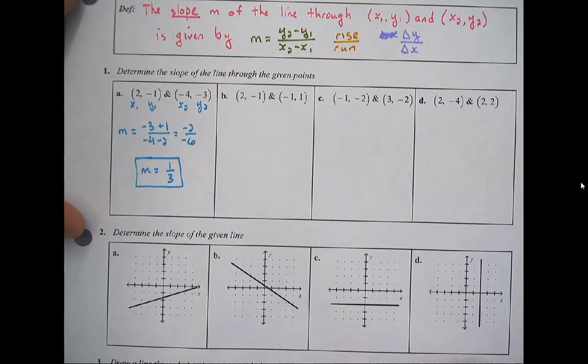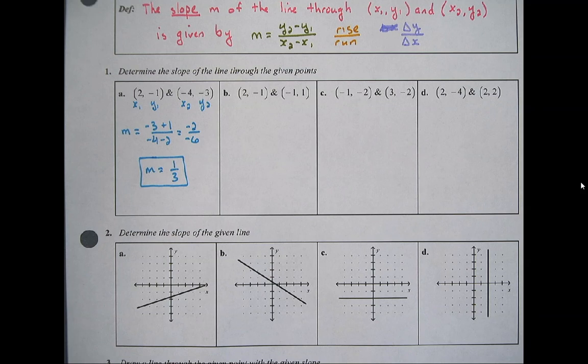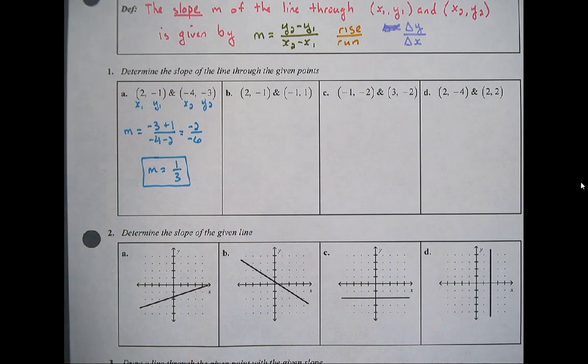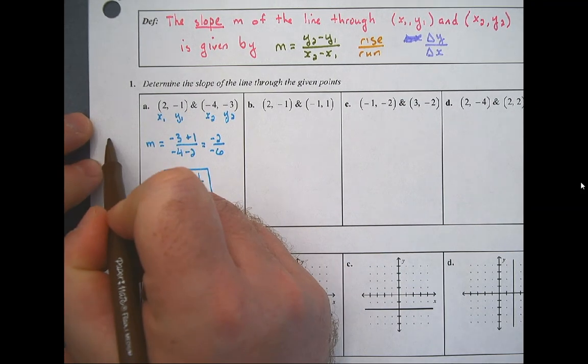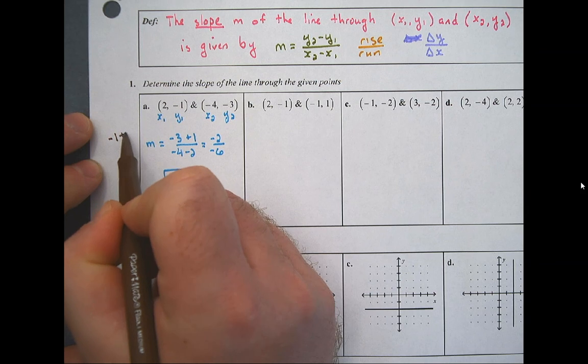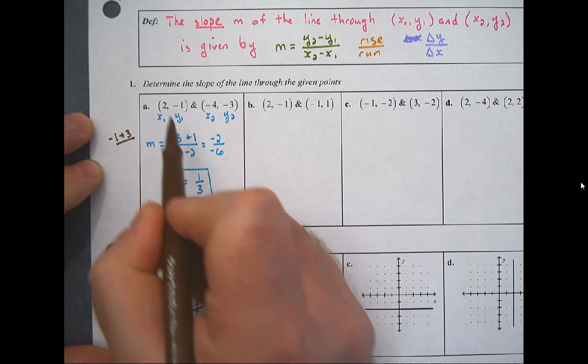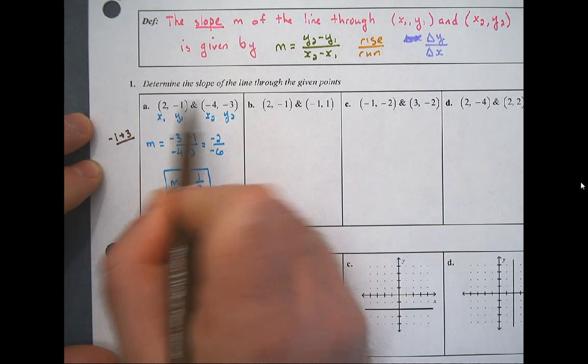Now, just to show you that it doesn't matter what you call y2 and what you call y1, I'm going to go the other direction on the side over here and show you that we're going to get the same result, just with opposite signs. So instead of doing negative 3 minus negative 1, I'm going to do negative 1 minus negative 3. And because I did this first, I have to use this one first.